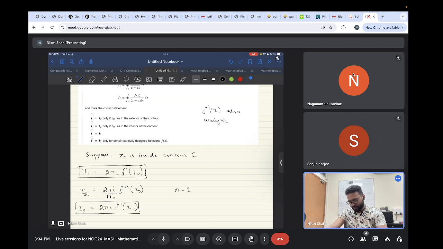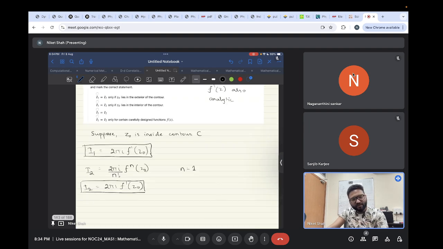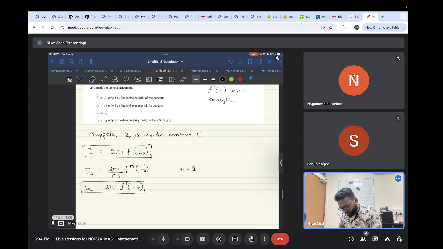So when it's inside, we've proven that the value we get is the same. When z0 is outside, both the integrals give you 0. So that's why I1 is always going to be equal to I2. When z0 does not lie on C, I1 is always going to be equal to I2. So this is the option that you choose. I hope you understood the entire argument here.